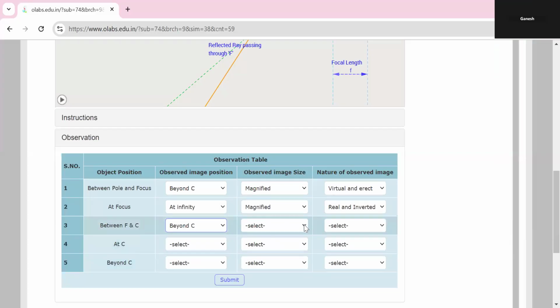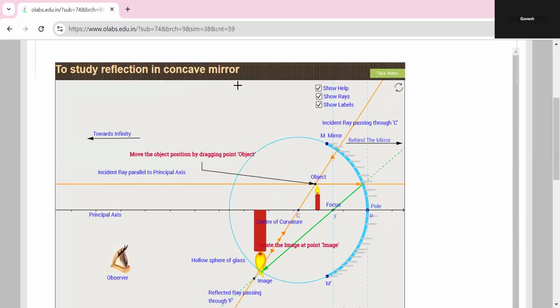Yes, it is magnified. And then the nature: it is real and inverted. So a real and inverted image occurs when the object is kept between the F and C points. Next position is at the C point. When we keep the object at the C point.